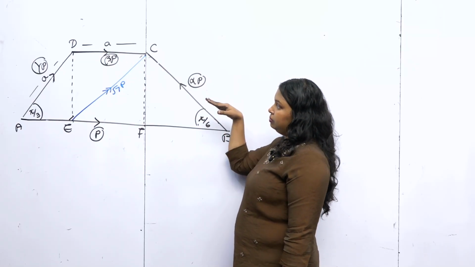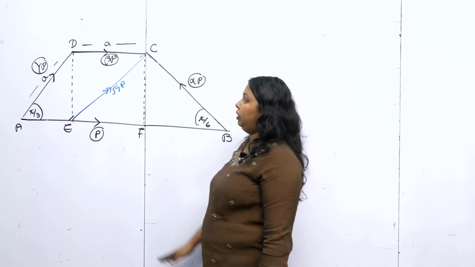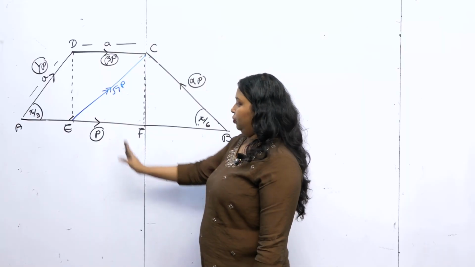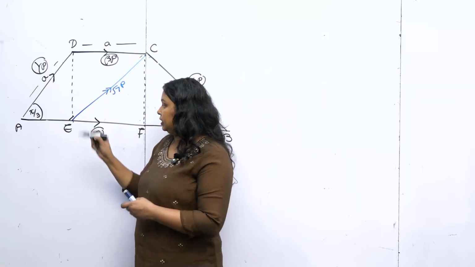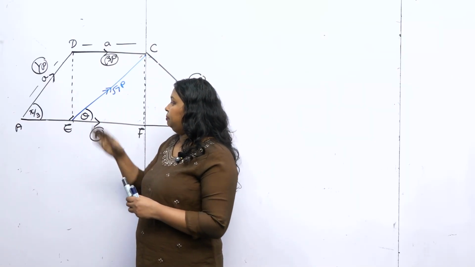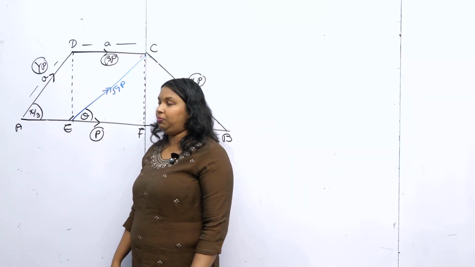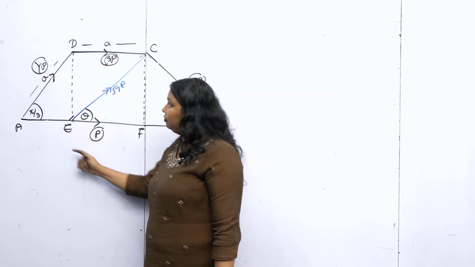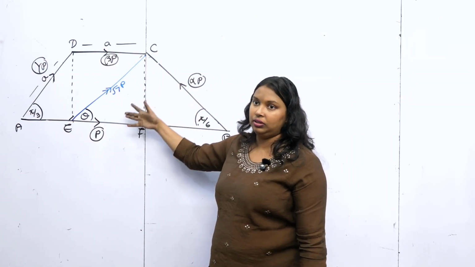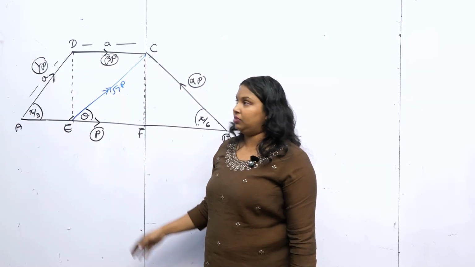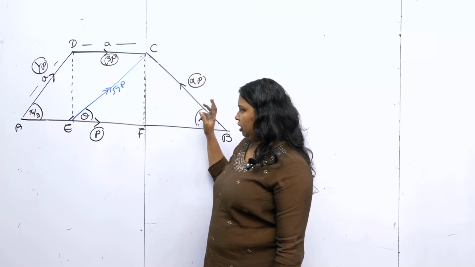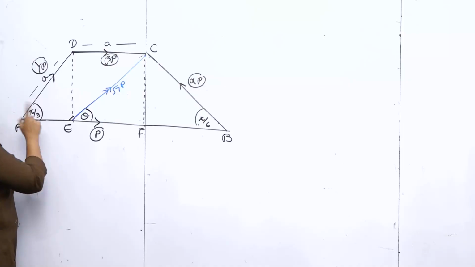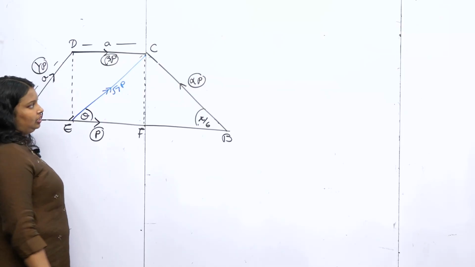Then we will take the sum of the forces to vertical direction. Root 7p sin theta, let's say this angle is theta, we will find it later, should be equal to the vertical component of the resultant, which is the sum of all the forces to vertical direction.